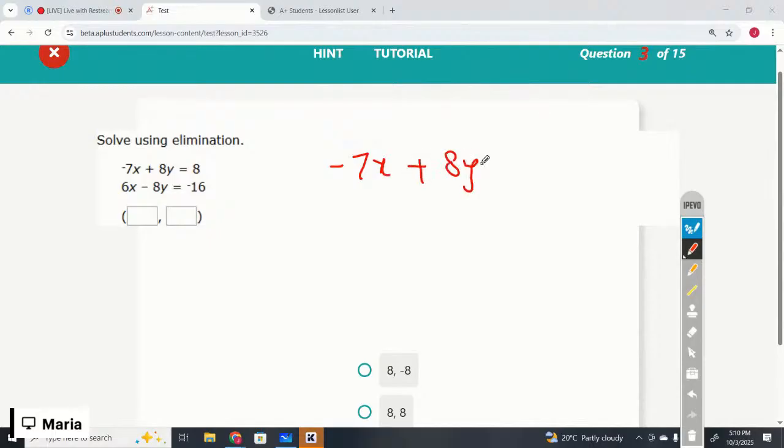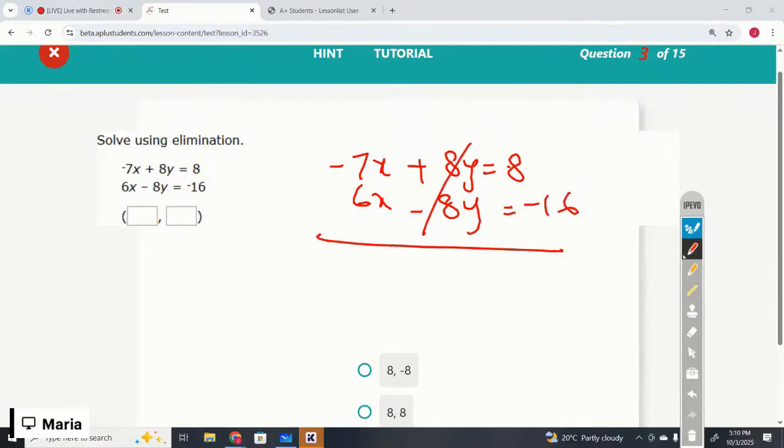So negative 7x plus 8y equals 8 and 6x minus 8y equals negative 16. So 8 minus 8 is 0. Negative 7x plus 6x is negative x equals negative 8. So x equals 8. Now substitute x equals 8 in any of the equations and calculate the value of y.